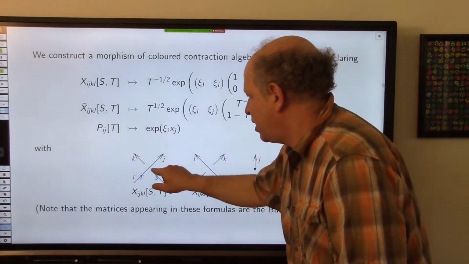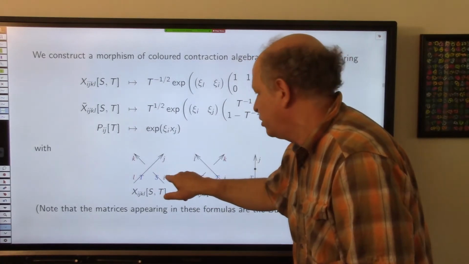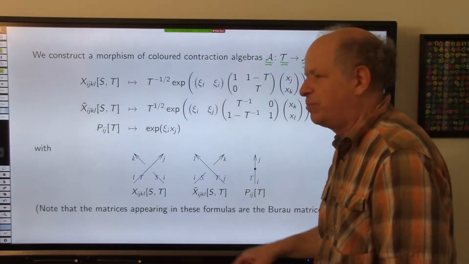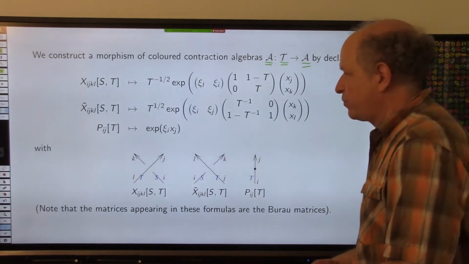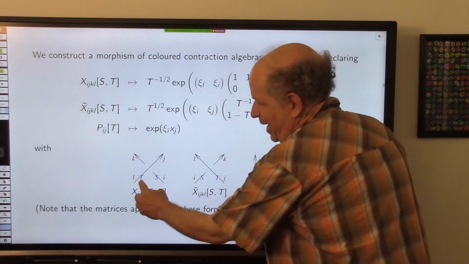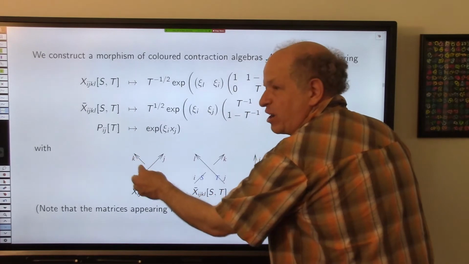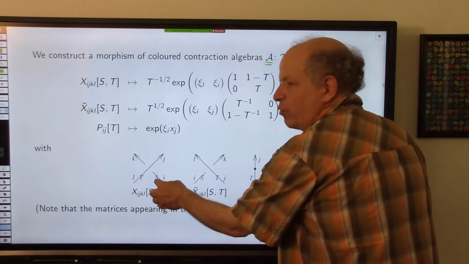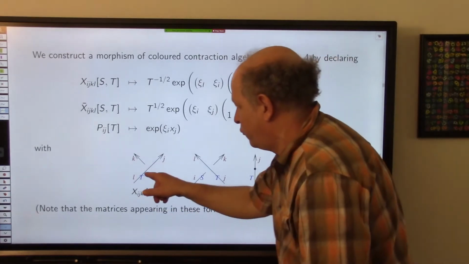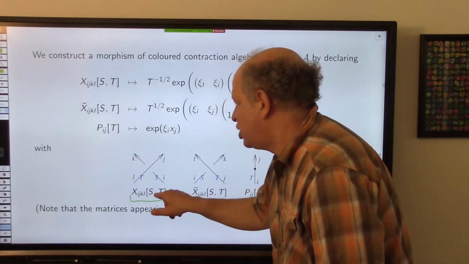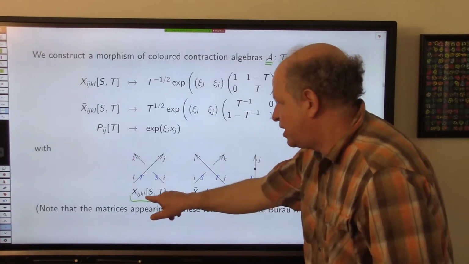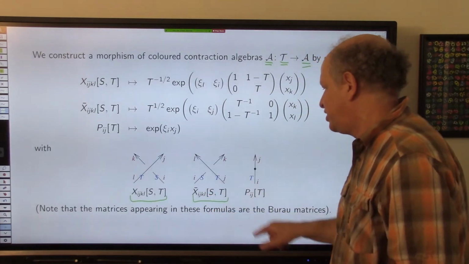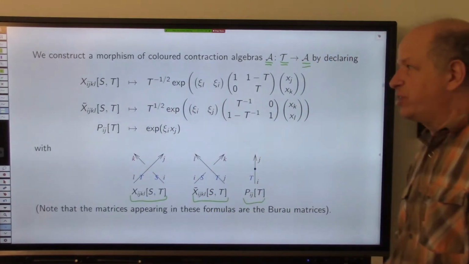So here the incoming lower strand is the one at the bottom right, so I go IJKL, and here it will be IJKL starting from the one on the left. And finally, I need names for the colors of the strands. So the upper strand will be colored T, the lower one is colored S, and then the symbol for this crossing is X IJKL S and T, and this one is X bar IJKL S and T, and similarly there is a name for the point.